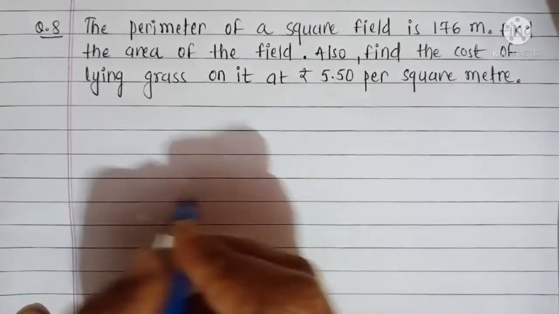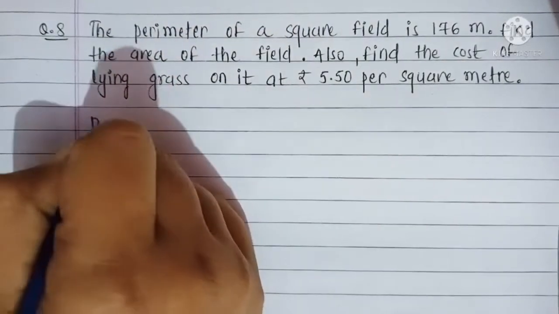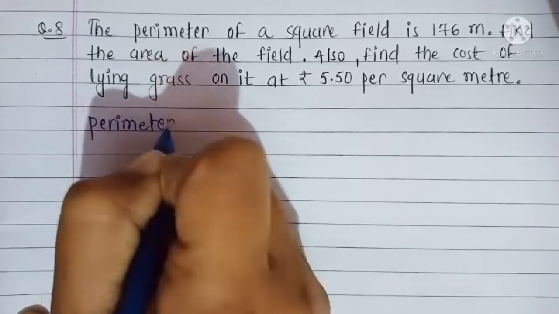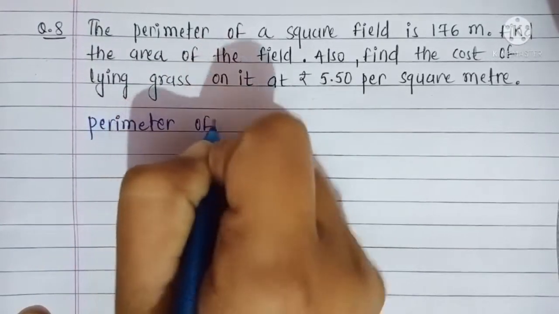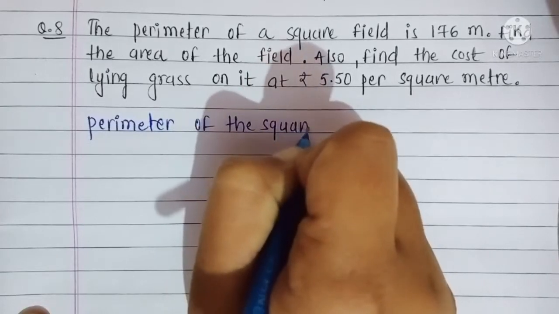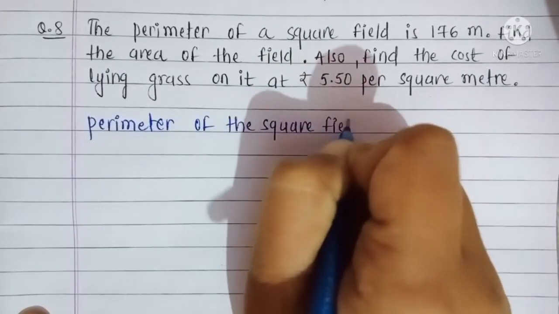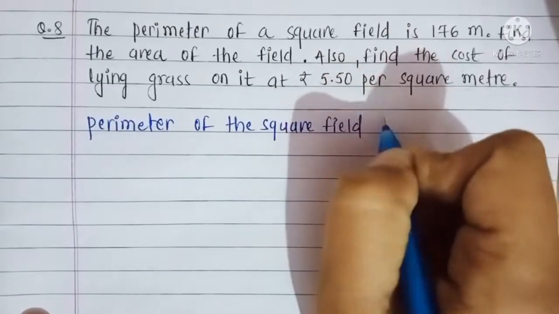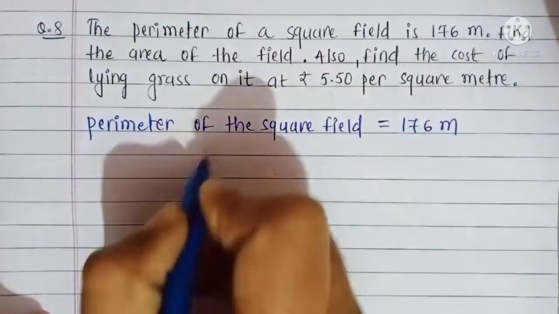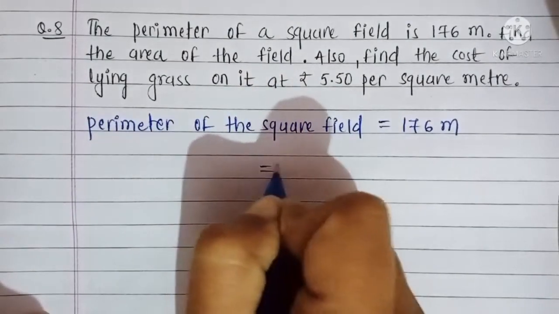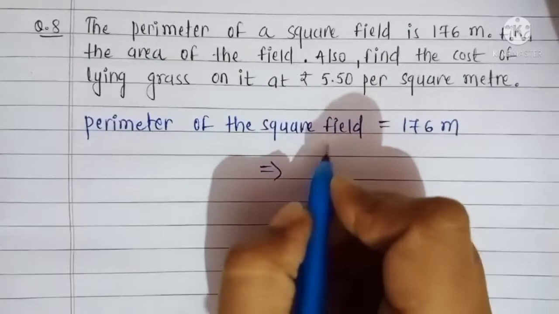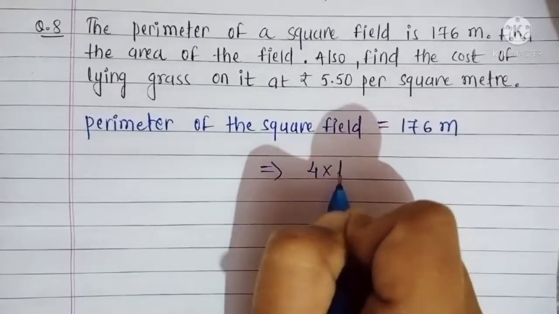So, perimeter of the square field is equal to 176 meter. Formula of the perimeter of square is 4 multiplied by length.